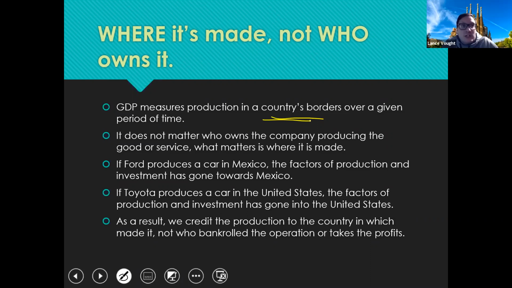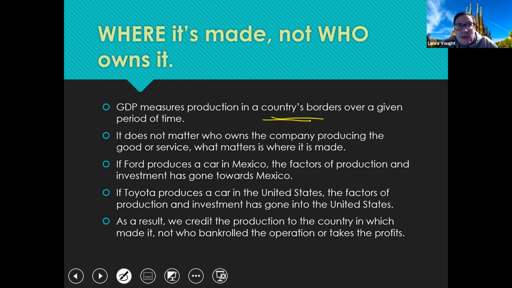If the parts come from Mexico and the labor comes from Mexico, and the people working in the plant are paid in pesos, and they take those pesos and go to the local grocery store or buy a house in Mexico, all of that money is staying within Mexico's borders and is indicative of economic activity within Mexico.